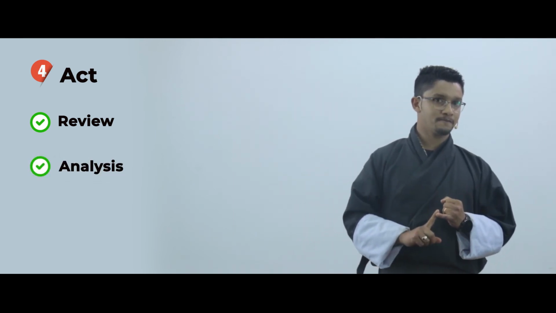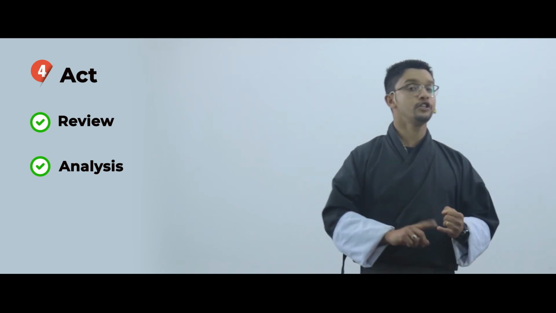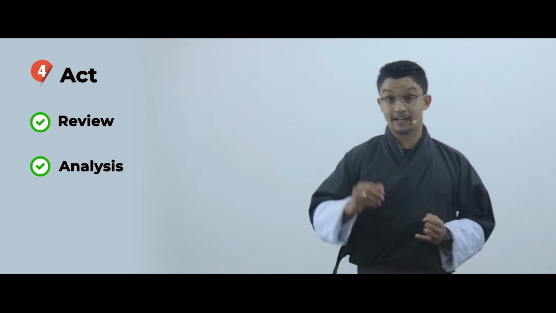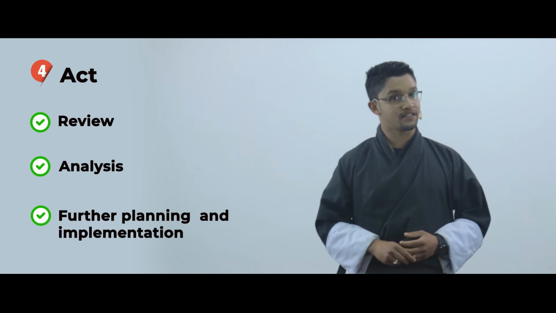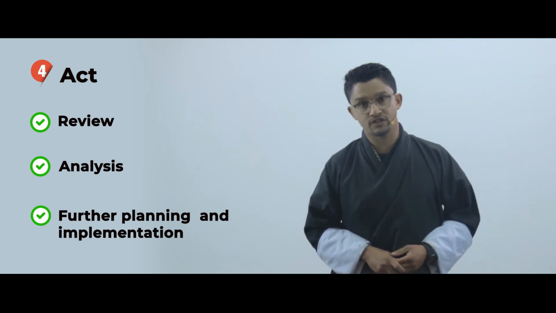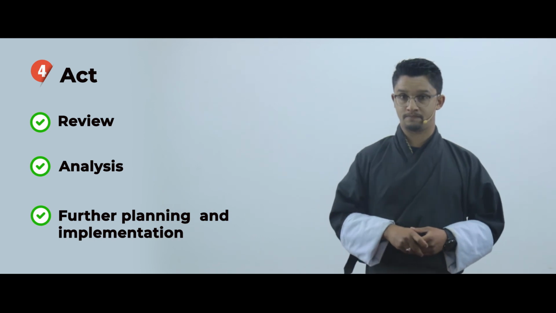Second one, the target setting and the output is compared. A review is done on whether the target is met. And if the target is not met, then they come up with the analysis and some suggestions on how some improvement can be brought in.